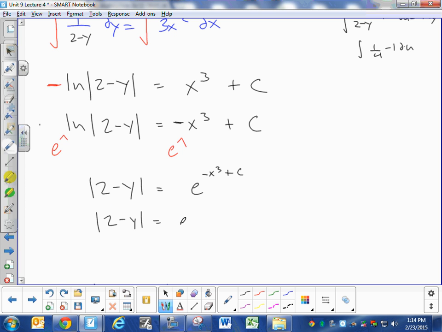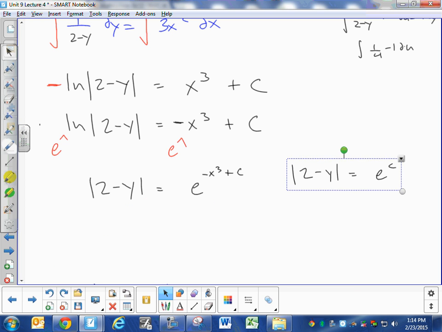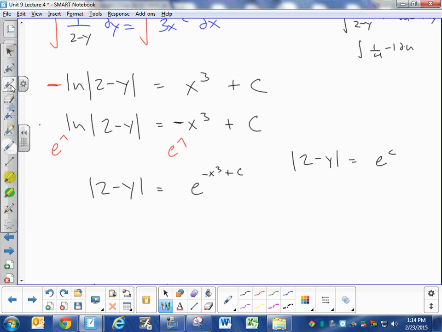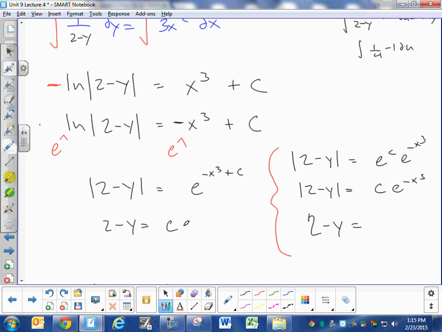So we have e to the c, e to the negative x cubed. This would be c, e to the negative x cubed. This can go away to give you just 2 minus y equals c e to the negative x cubed.